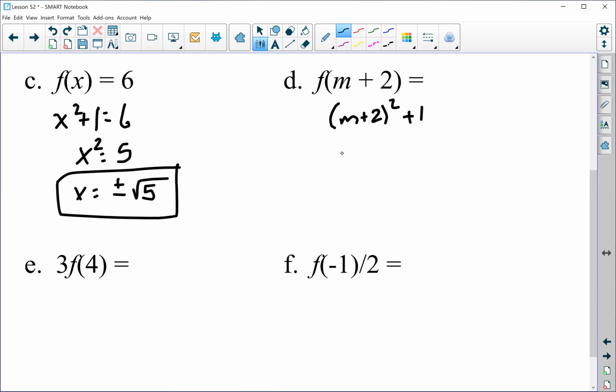You square the first thing, so m squared, plus you double the product. So if I have m times 2, 2m, and then I double it, 4m, plus the last term squared, 2 squared is 4, plus 1. And then we can combine our like terms.